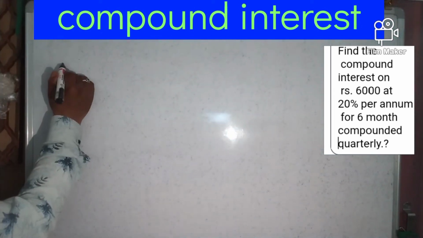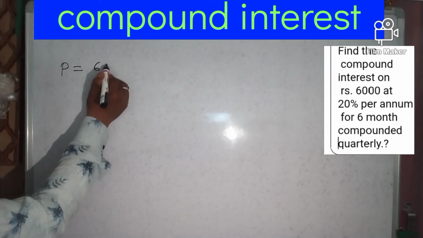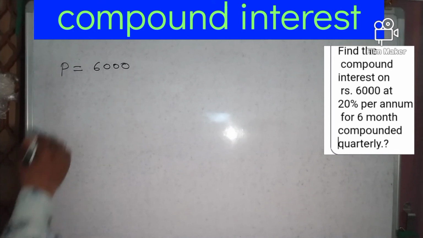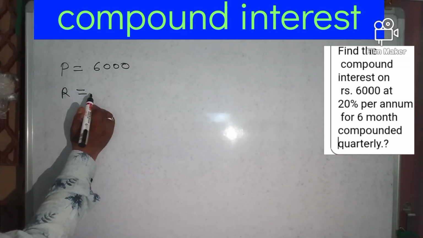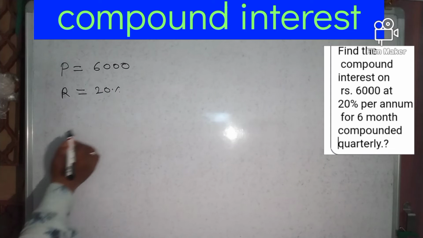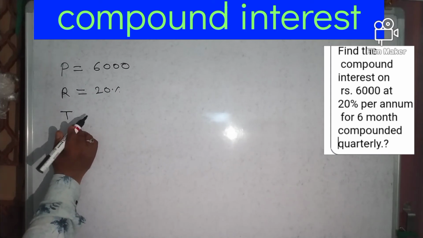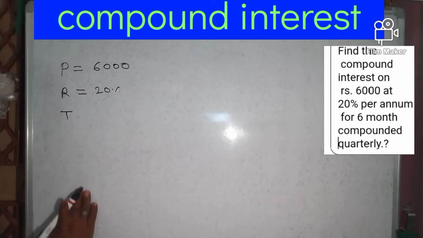So principal is given, 6000, right? Rate of interest is given, 20%, and time is 6 months.